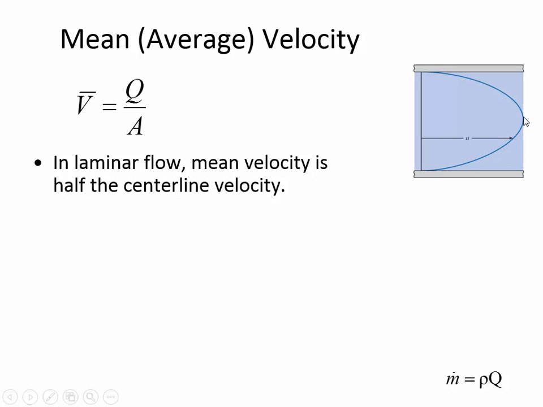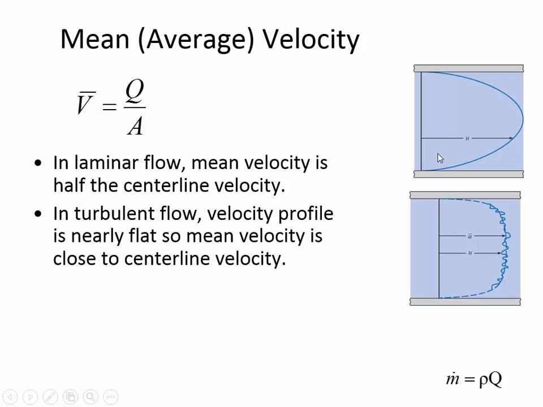The centerline is going to have the highest velocity because it's the furthest away from the outside edges. But if you were to find the average, in other words, the point at which half of the area under the curve is to the right of the line and half is to the left, then it's half of the centerline velocity.